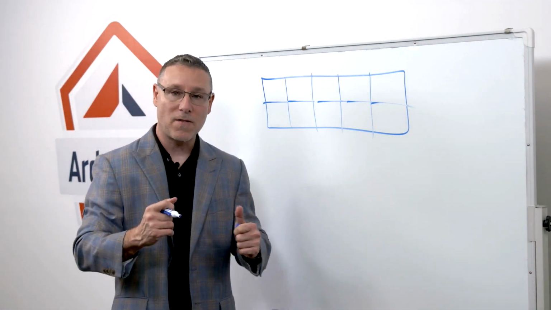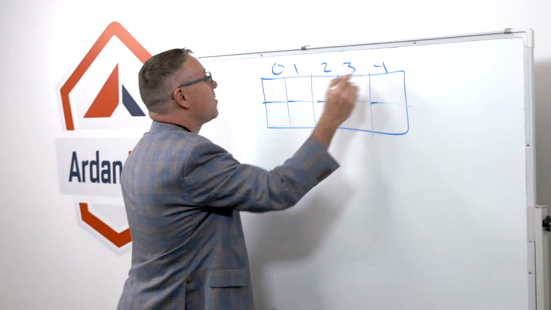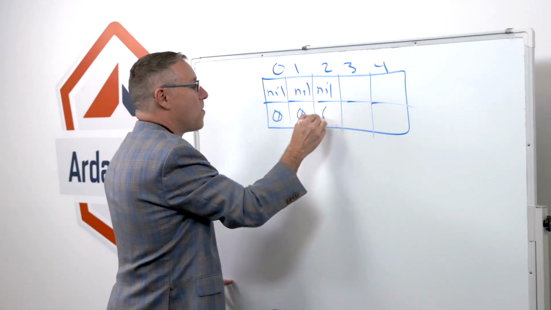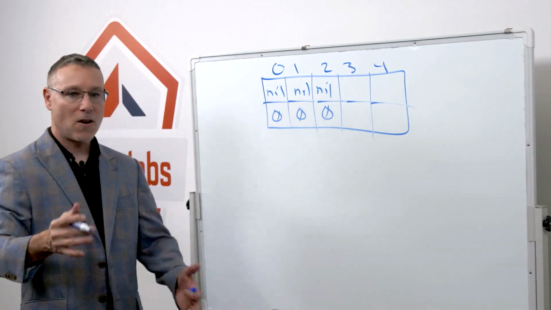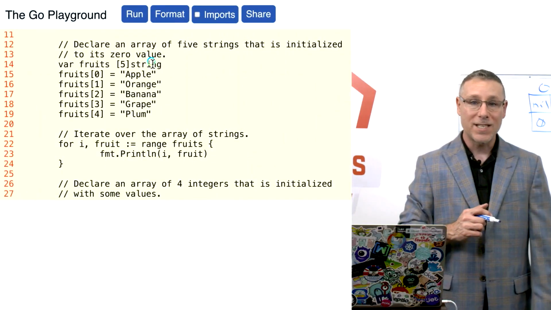A contiguous block of 40 bytes where each one of these indexes is set to its zero value. So this is what we have, right? These 5 strings all set to their zero value. We're using var again for zero value on line 14.